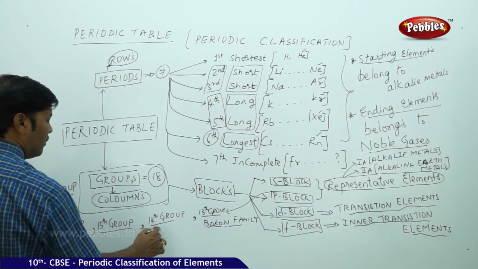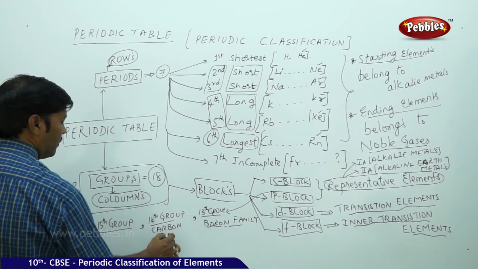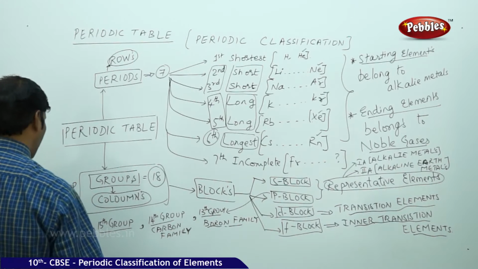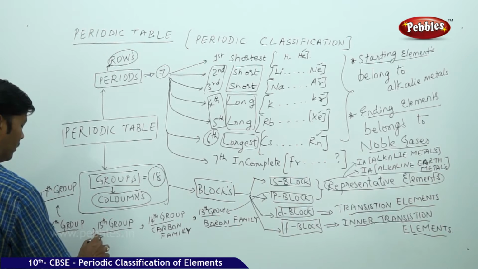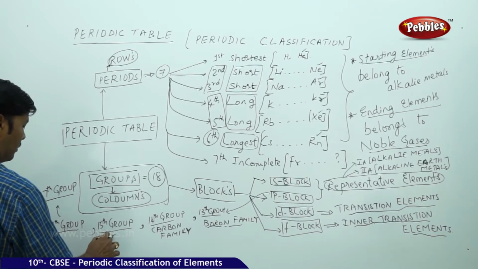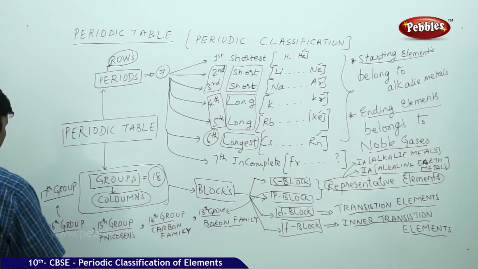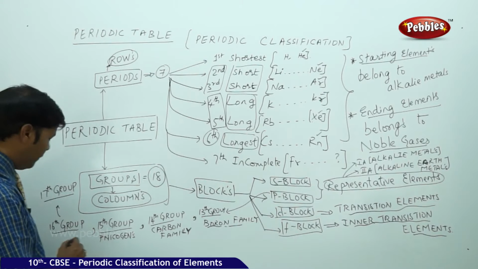The 14th group is the carbon family. The 15th group we can call the pnictogens. The 16th group is the oxygen family.